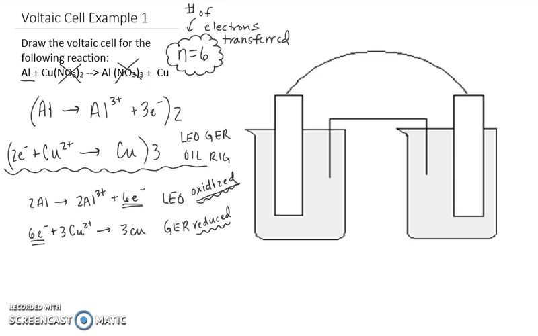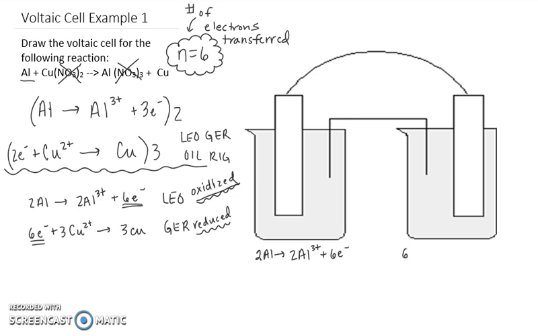What I like to do is to write those underneath our 2 half cells in this drawing. So we have a drawing like this with electrodes and a salt bridge and a wire connecting our 2 electrodes to conduct that electricity. And again, I like to draw or write my 2 half reactions underneath. So I've got my 2Al yields my 2Al3 plus 6 electrons.